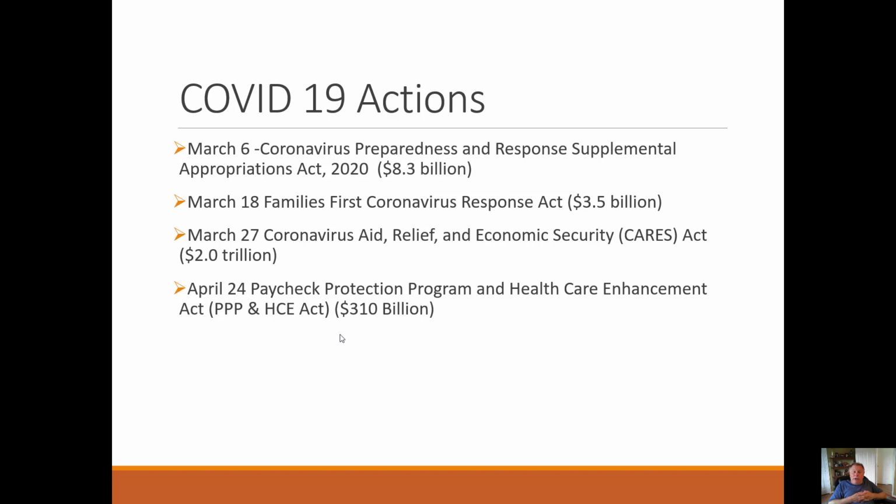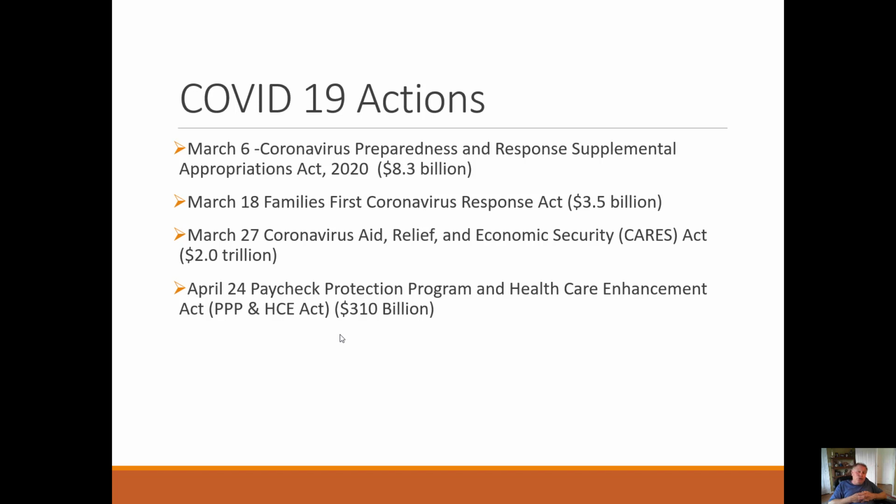Followed 2 weeks later by March 18th, the Families First Coronavirus Response Act, $3.5 billion, which focused on supplemental nutrition programs and some unemployment benefits. Then, with remarkable speed, on March 27th, was the CARES Act, which stands for the Coronavirus Aid, Relief, and Economic Security Act.